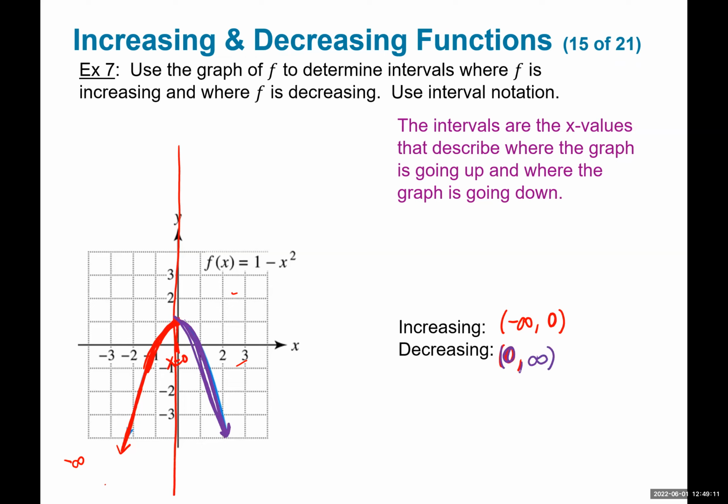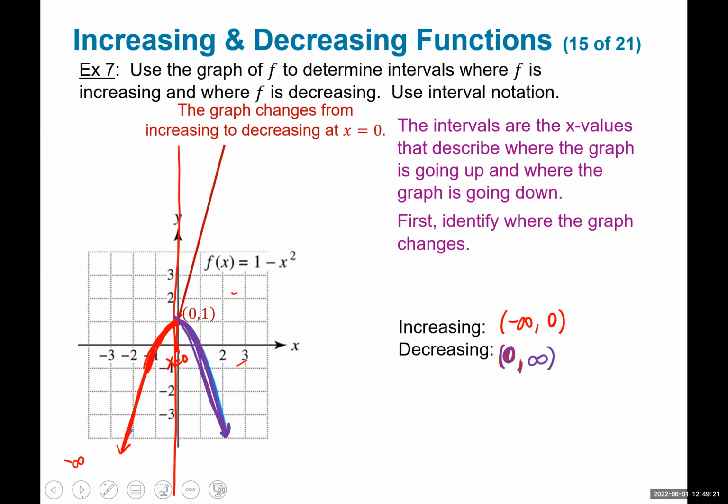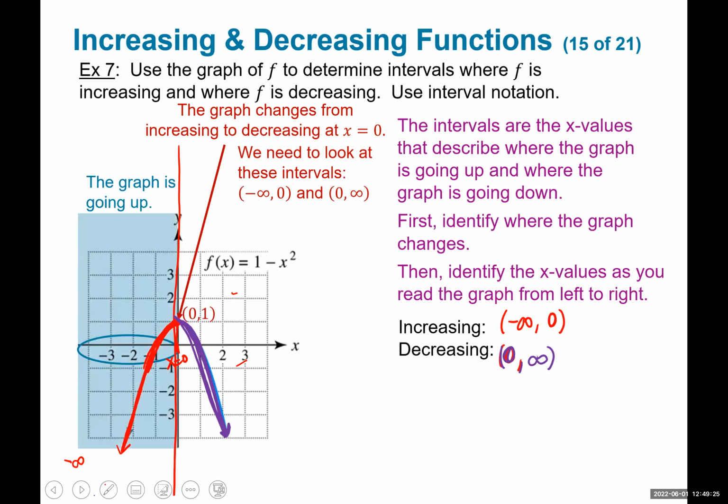Okay. So we're writing this in interval notation, and we're just trying to see when is the graph going up and where is it going down. So this part of the graph, this blue part, from all of these numbers, from negative infinity up until 0, this graph is increasing.